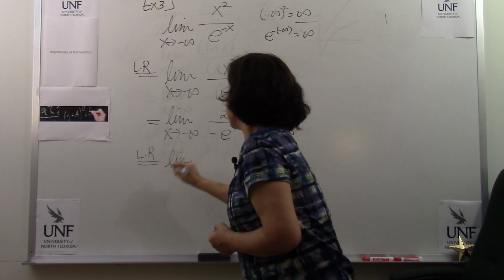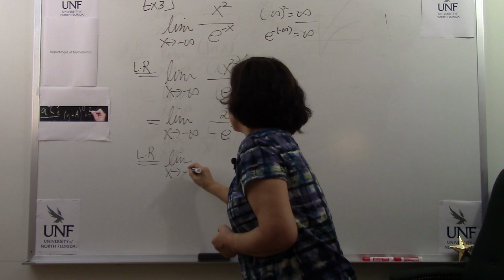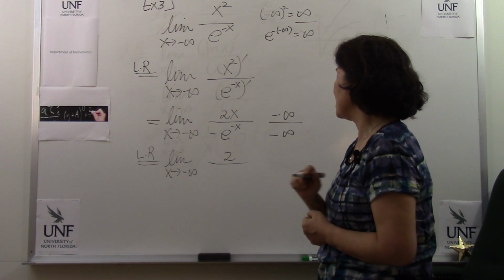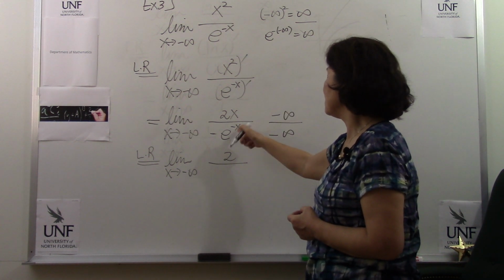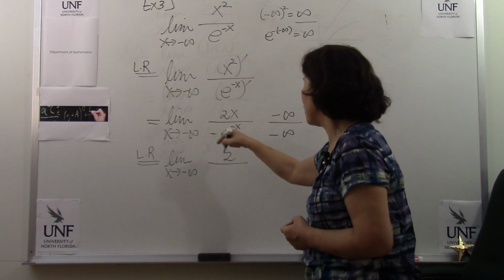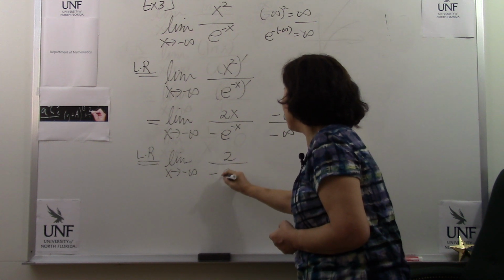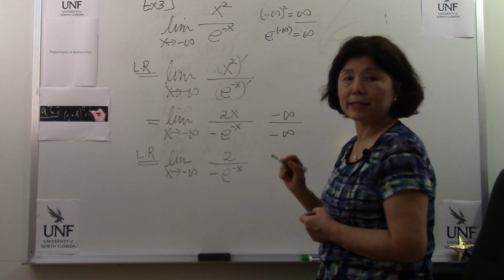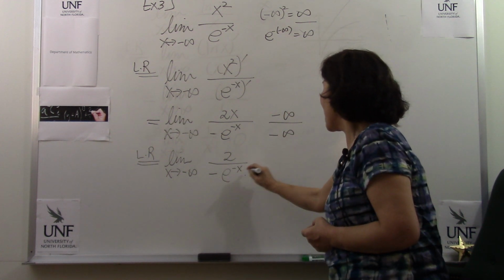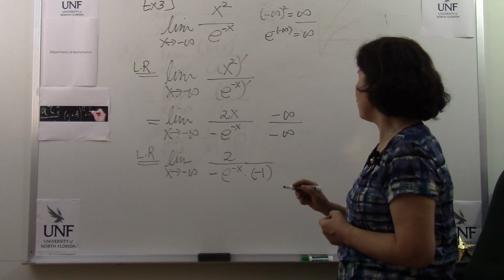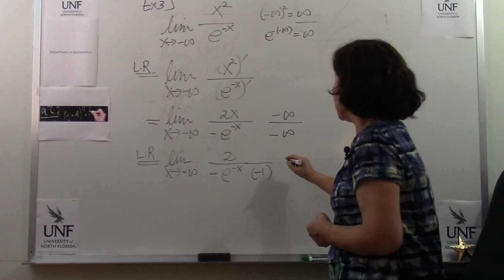So that makes limit as x goes to negative infinity, and the derivative of 2x is 2, and the derivative of this guy. So let's collect all the negative signs over here. We have a negative. The derivative of e to the negative x is e to the negative x times the derivative of the exponent, which is negative 1. So eventually this is positive.